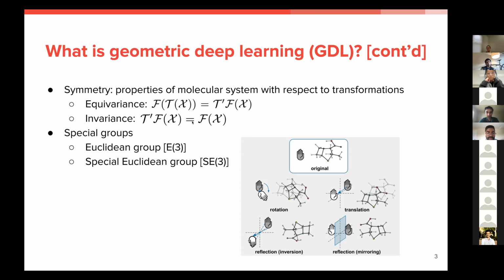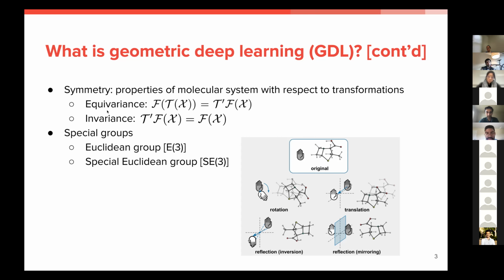This equation means that if we apply transformation T on top of X, take the output of that transformation and then plug that into F, we're going to get the same result as when we directly apply F onto X and then apply some transformation T prime from the same symmetry group, but in some feature space. If this holds, we say that our neural network F is equivariant with respect to the transformation.